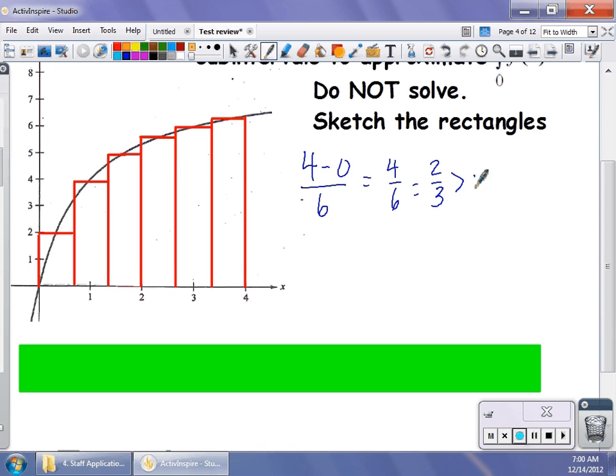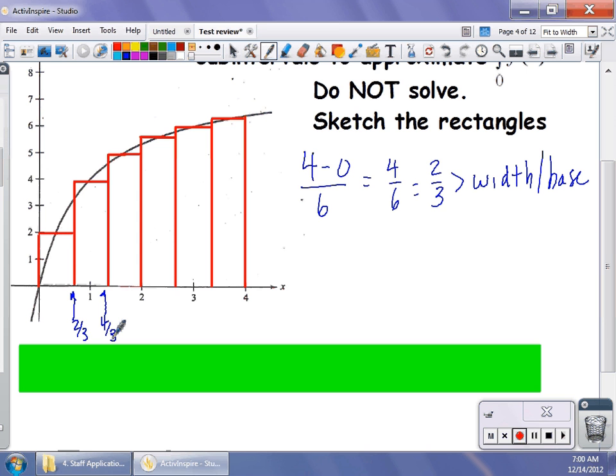And this tells me the width, or the base, of every rectangle. So when you look at my work, you'll notice that the first rectangle stops at 2/3. The next rectangle stops at 2/3 plus 2/3, which is 4/3. So you have to use your fractions to figure out how wide the rectangles are.